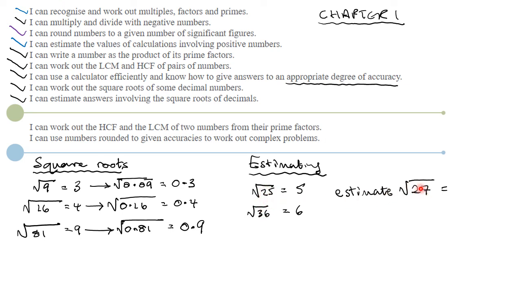It might be exactly in the middle, but it's not. It's closer to 25. So I expect my estimate to be closer to 5. So I would estimate, I don't know, 5.2 maybe. It is only an estimate. So in an exam, if you did 5.1 or 5.3, you'd probably get the mark as well.